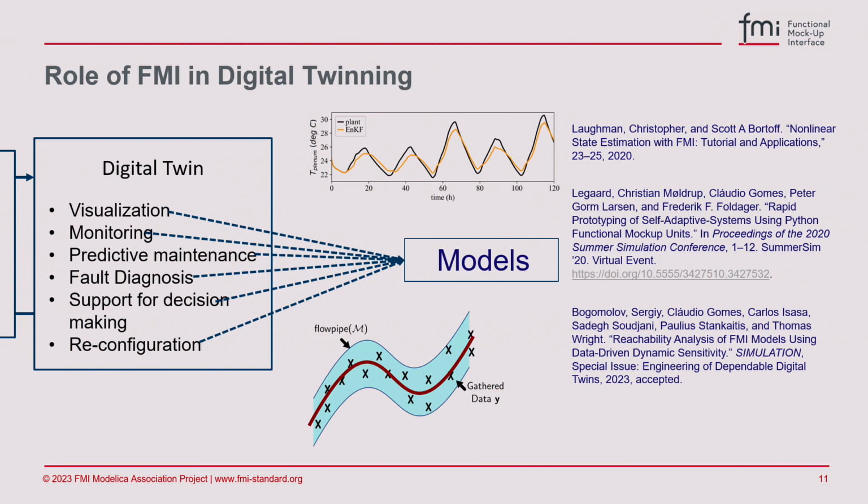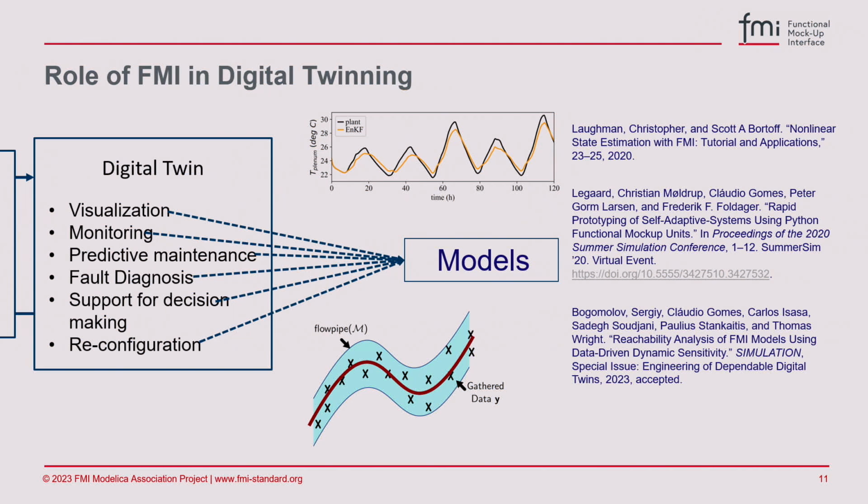So, for example, for monitoring, you may employ a model to perform state estimation. Actually, in previous editions of the Modelica conference there were papers describing how to do state estimation using FMI. So you can take an FMU and do state estimation with it. Why is this important for monitoring?